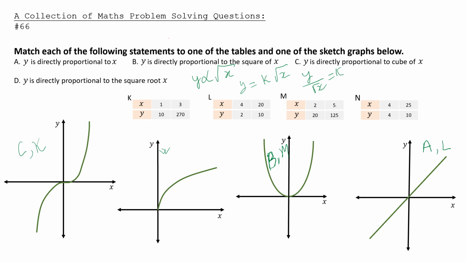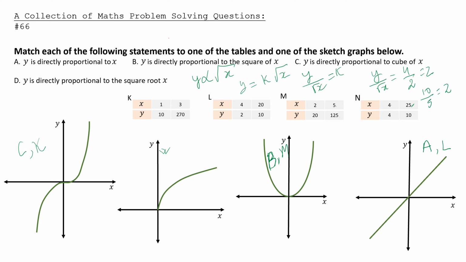y out of the square root of x would give 4 divided by the square root of x, that's 2. And then for the next one, 10 divided by the square root of x, that is 5, and we also get 2.